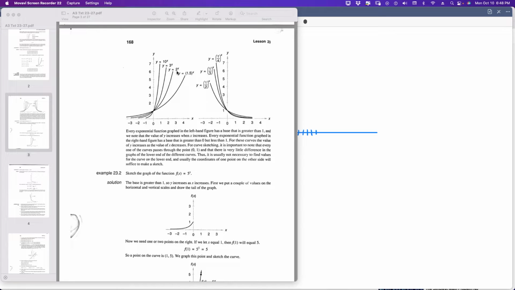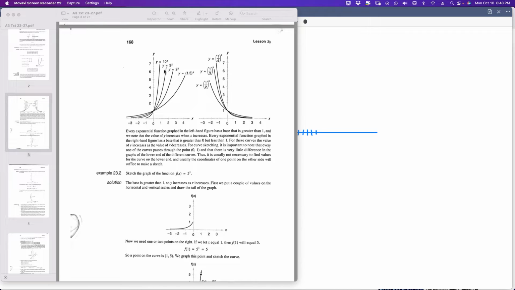Here's y is equal to 2 to the x, and you can see that it follows right there. You can see that as the exponent base gets higher, then where it crosses the y-intercept, that curve gets steeper. It's not actually an asymptote because it doesn't get near.